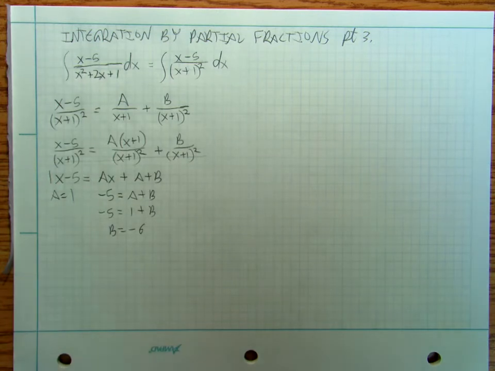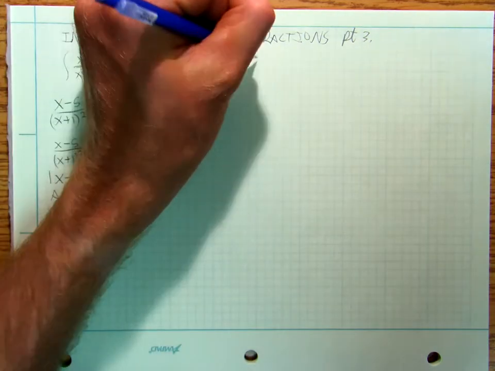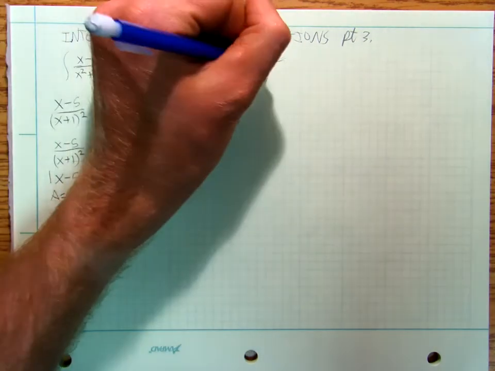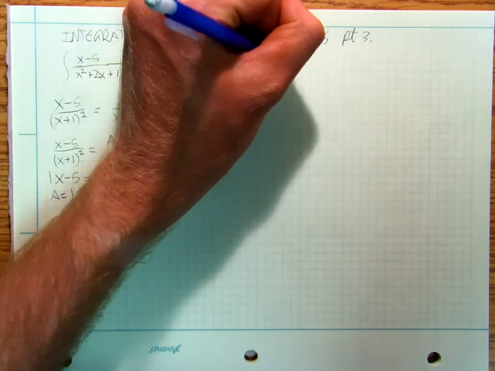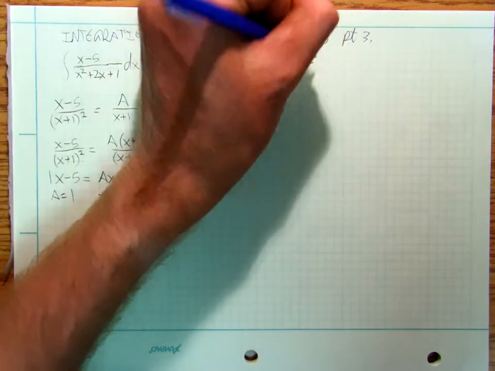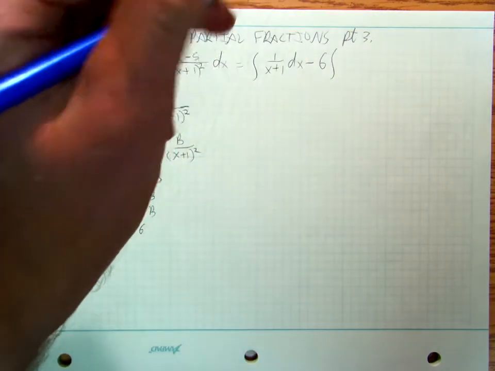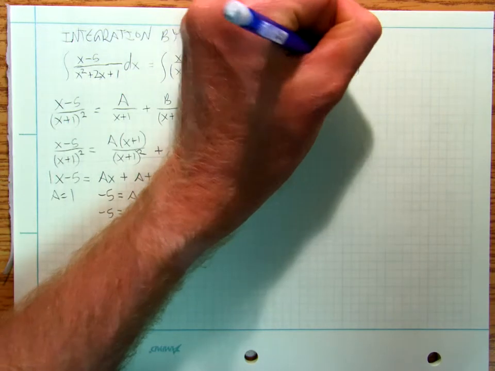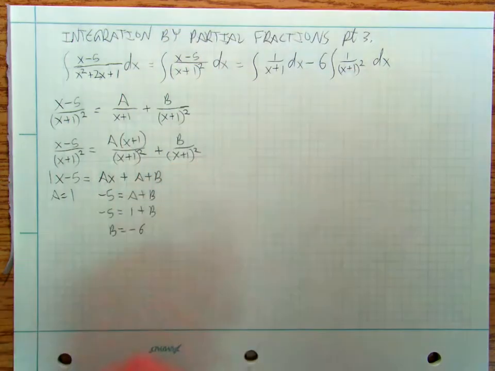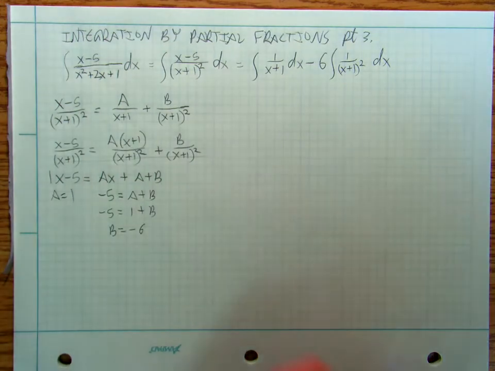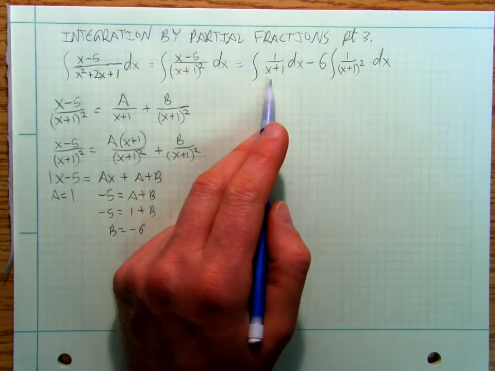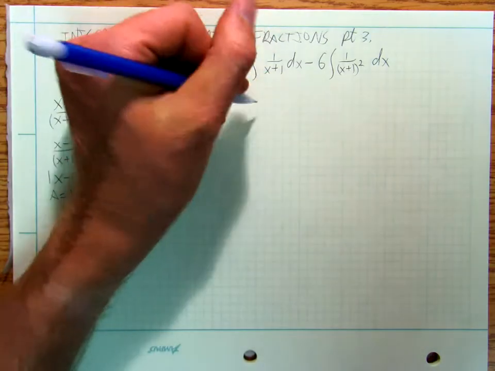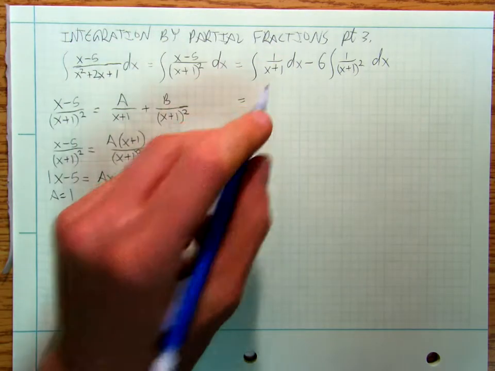So now I have the integral of 1 over x plus 1 dx minus 6 times the integral of 1 over x plus 1 squared dx. Okay, so now that one, we've sort of been doing that in the past few videos. That's pretty easy.